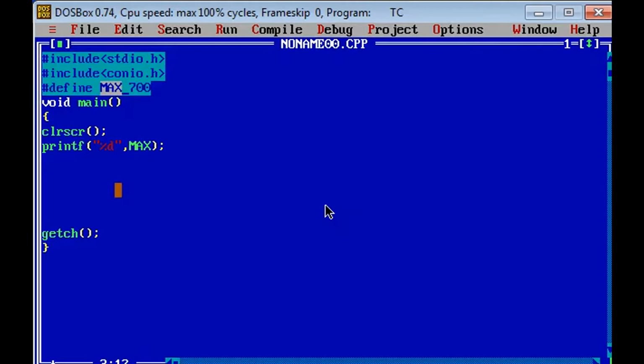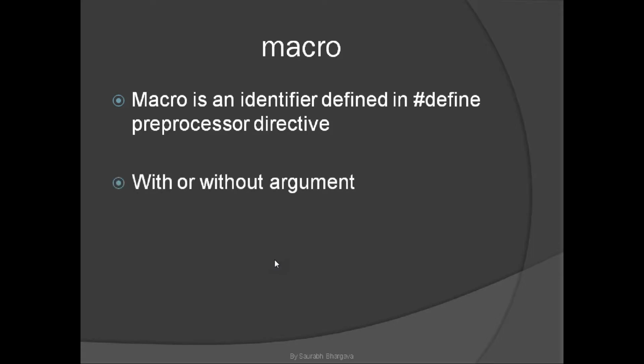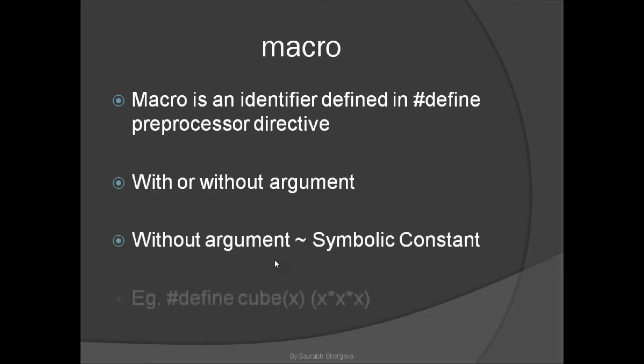Macro. A macro is an identifier defined in the #define preprocessor directive. It can be defined with or without argument. Without argument is similar to the symbolic constant, and with argument is defined like this. For example, #define CUBE(x), which is expanded in this form, x into x into x.